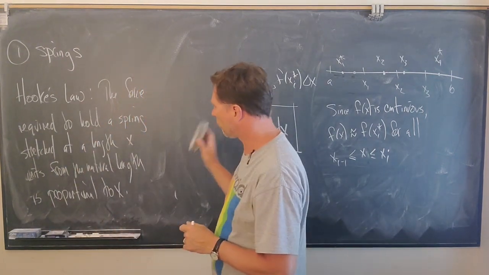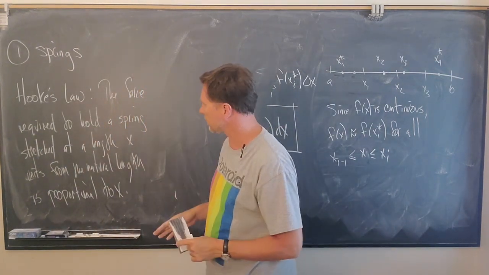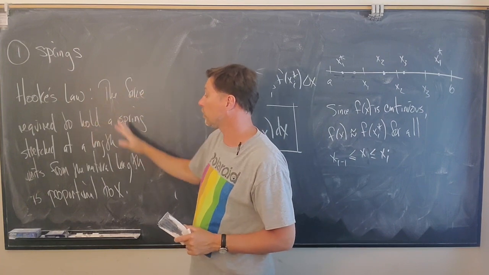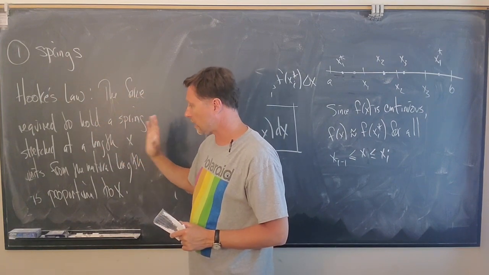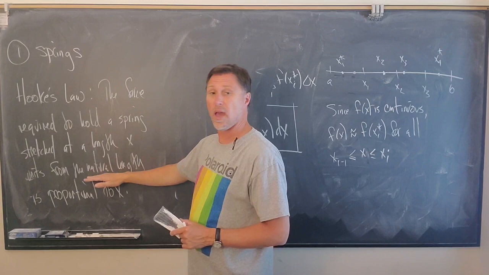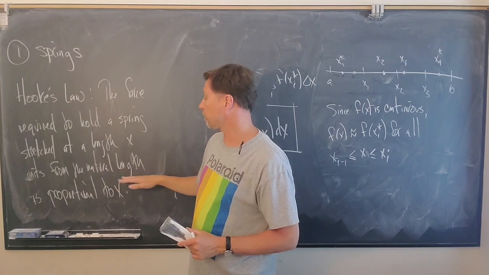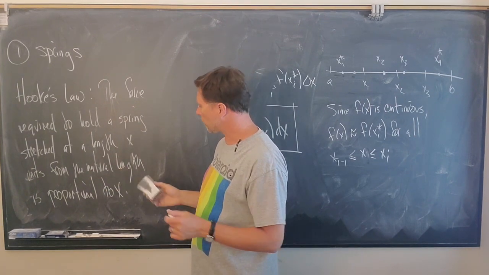All right, so the force required, I almost said work accidentally, the force required to hold the spring stretched at a length x units from the natural length. That's one thing to remember. Whenever you're working with springs, you work with the natural length. It's proportional to x.